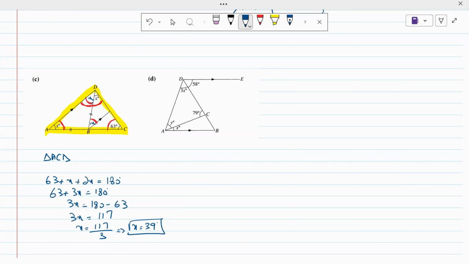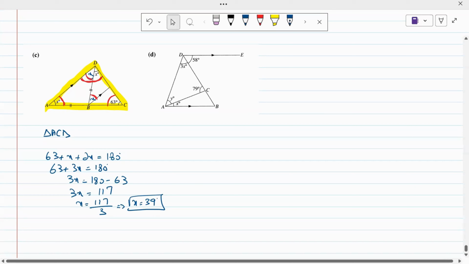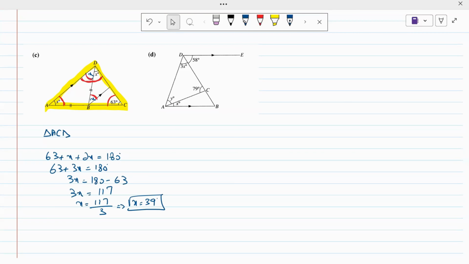Now let's move on to part D. In part D, again, we see a mix of different geometrical properties applied. We see triangles here. We see parallel lines here. So all these properties can be seen here.